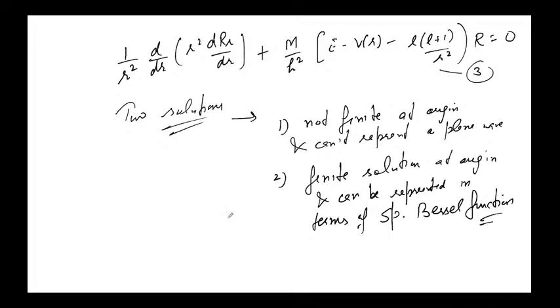So the radial solution starting at the origin can be represented in terms of the Bessel function, while the spherical harmonic solution can be represented in terms of the Legendre polynomial.